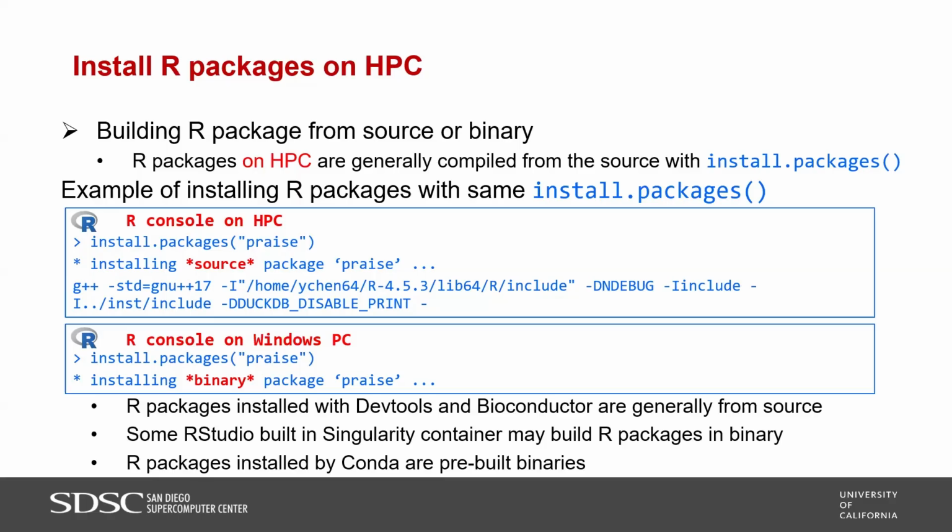If you're running RStudio building a Singularity container on HPC, then you're likely to get some R packages from binary. And if you use conda to build R and R packages, most likely those R packages are just from pre-built binaries, so they are binaries only.